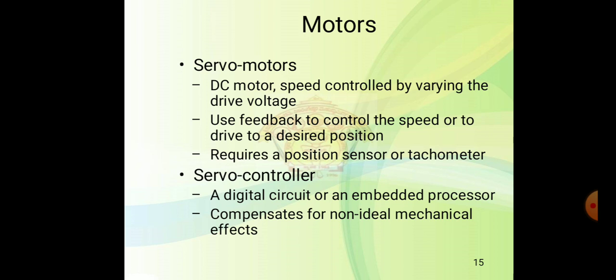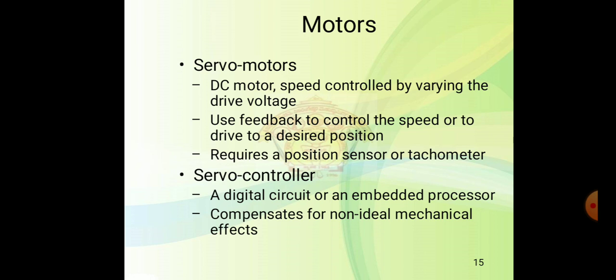If we are interested in controlling the speed, we can attach the tachometer or speed sensor to the shaft. Again, we use the comparator to compare the actual and desired speed to yield the motor driving voltage.